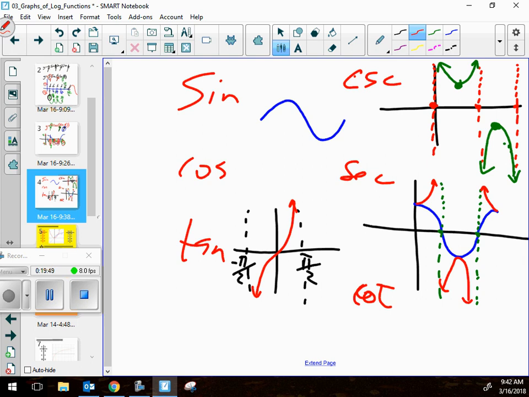Now, why did I make those little loops that way? Well, they technically go like this, but I don't need all of them. In fact, if I did this, do you get I would have actually graphed more than just one set. I'd have two upper loops and one lower loop, and that doesn't have symmetry.